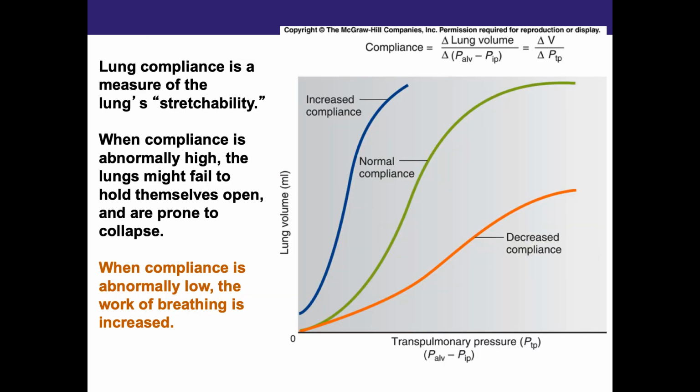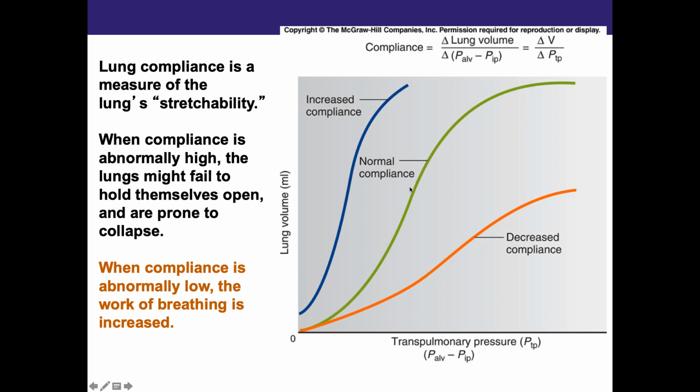Compliance is a technical term that gives you the relationship between change in volume and change in pressure. It's the change in volume over the change in pressure. So if green is normal compliance, the orange is reduced compliance.